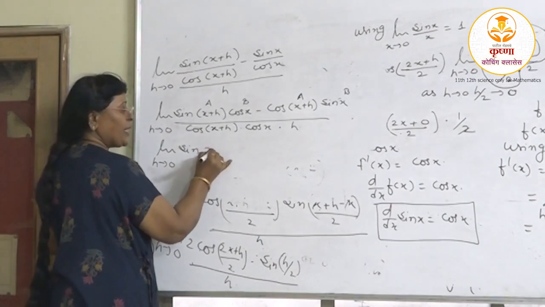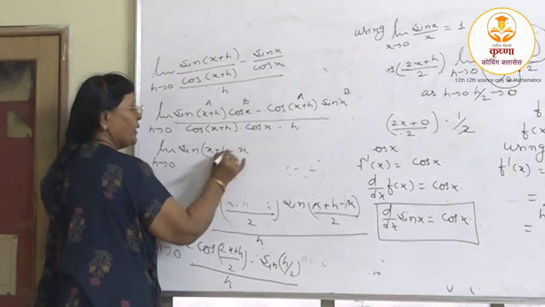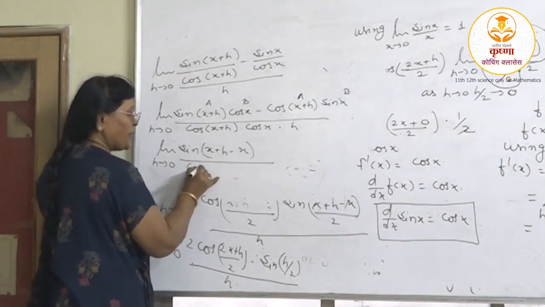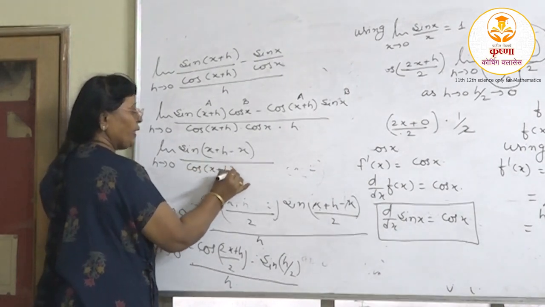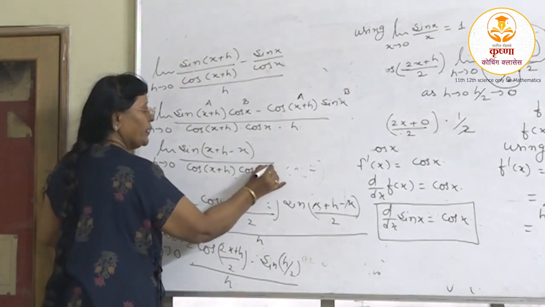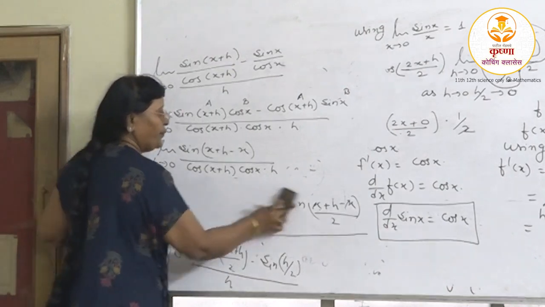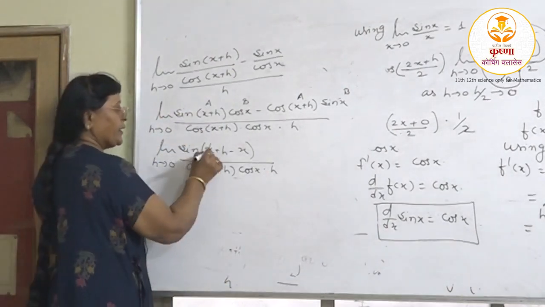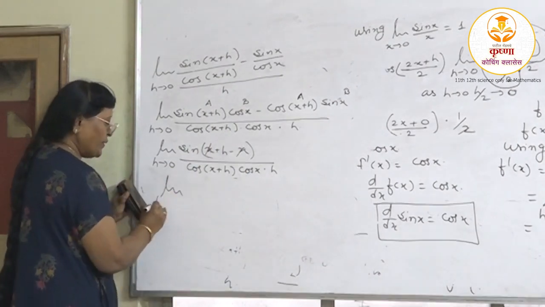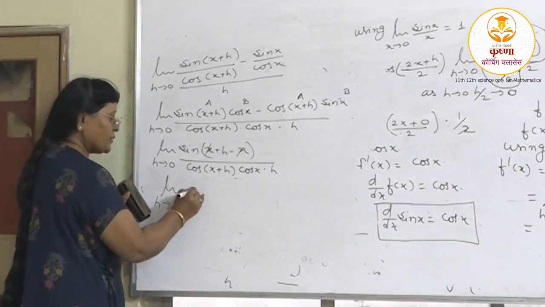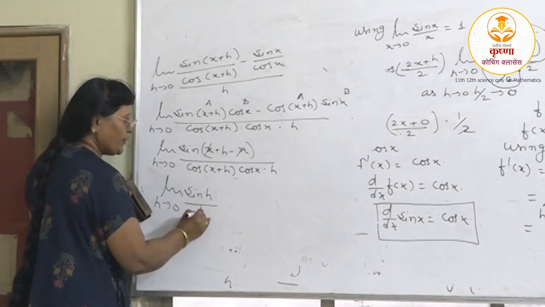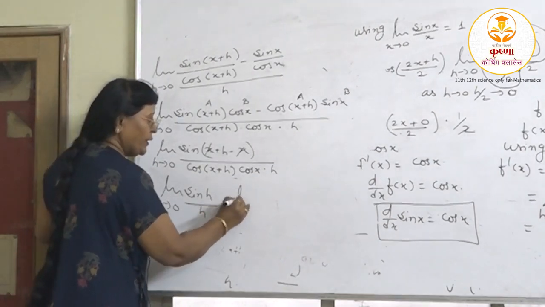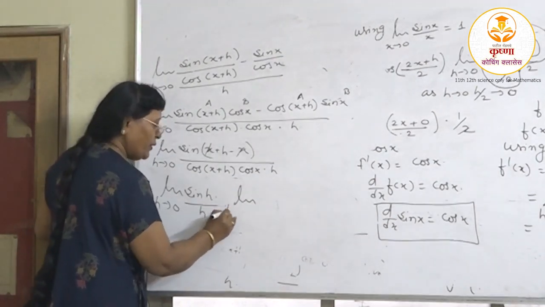Sin of a minus b means sin of x plus h minus x, divided by cos of x plus h into cos x, divided by h. The x gets cancelled. Limit h tends to 0, sin h divided by h, and the limit of this function is always equal to 1.